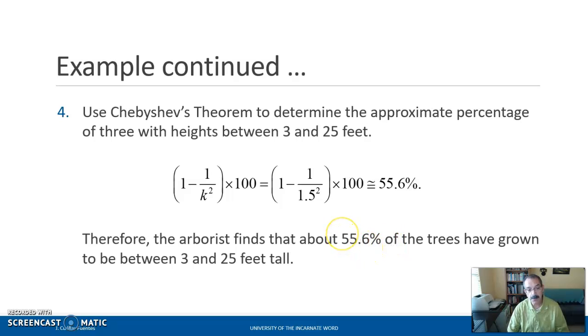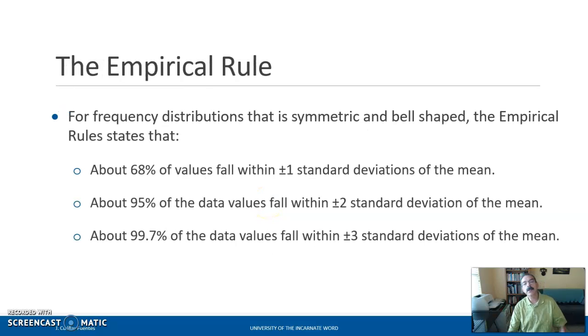So this is an example where Chebyshev's theorem is applied to answer the question that this arborist is asking himself. All right, so now the other option is to use the empirical rule. Again, if the frequency distribution is symmetric and bell-shaped, then the empirical rule states that about 68% of the values fall within plus or minus 1 standard deviation of the mean.